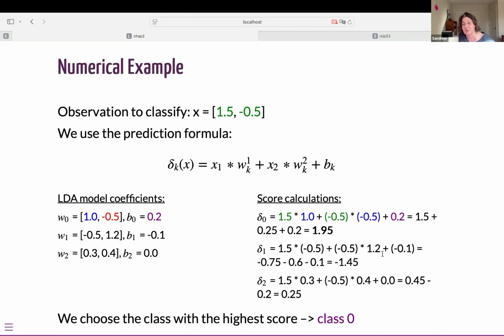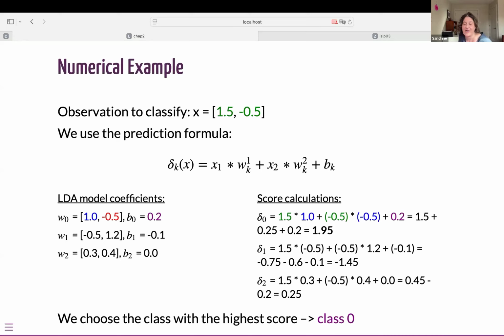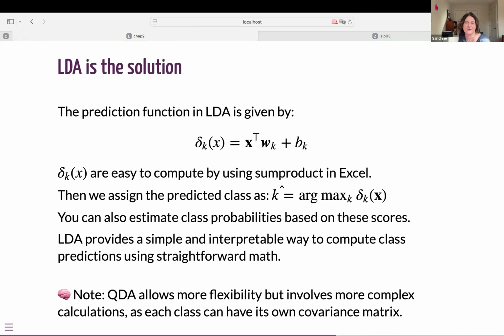So we give some kind of probability of belonging to a class. Everything is done with straightforward math. It's a sum product in Excel, and it's how people use LDA in real life. I'm hoping this helps you understand exactly why it is well liked, because it's very simple. Don't know if you have any questions.